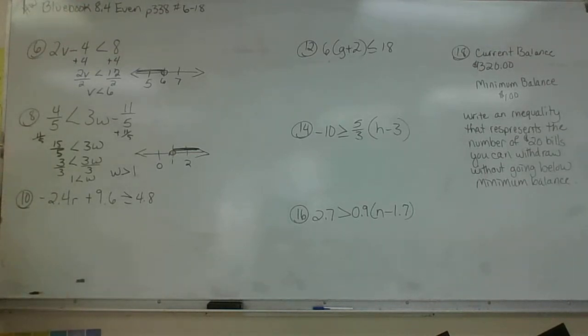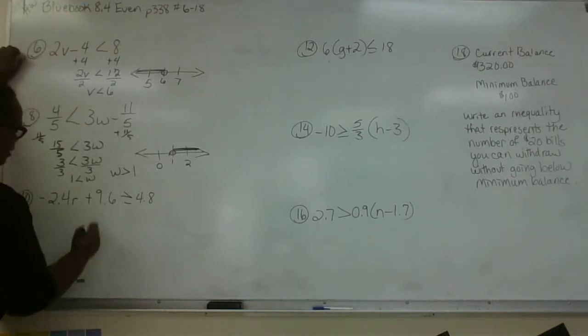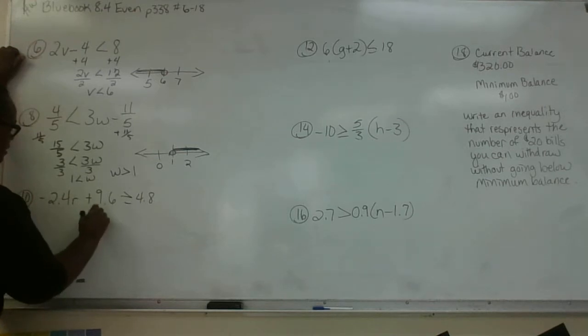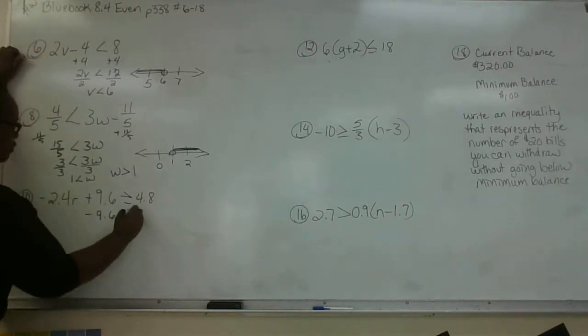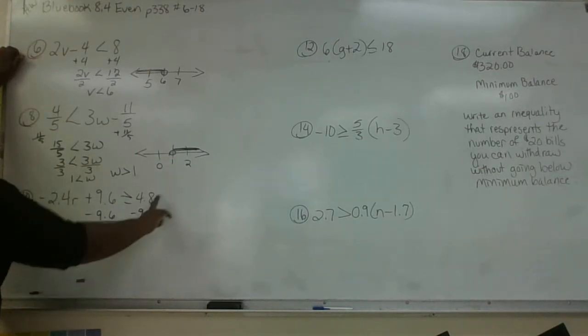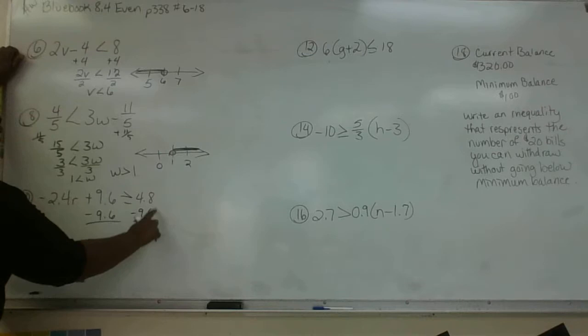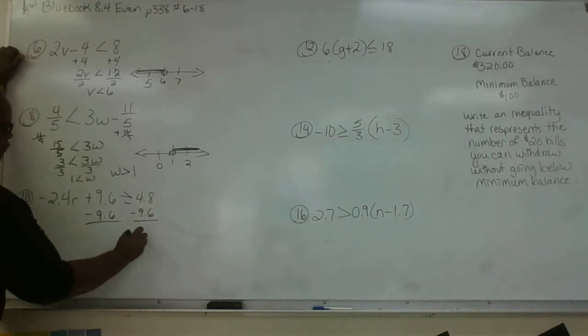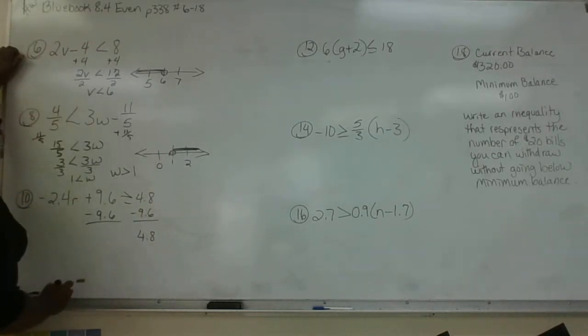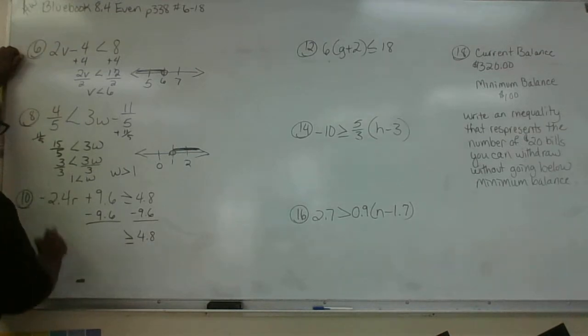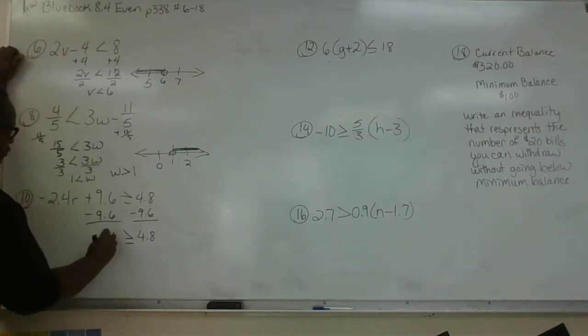Here we want to isolate 9.6 by removing it. All right, and we discover that the difference between these two is going to be 4.8, okay? And we move forward, we have negative 2.4r.